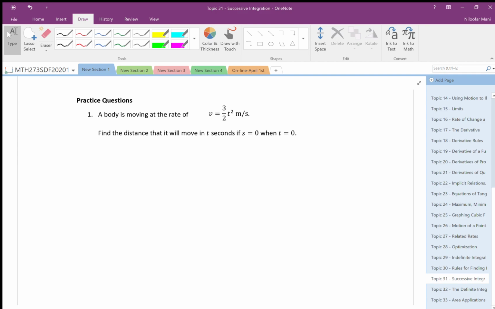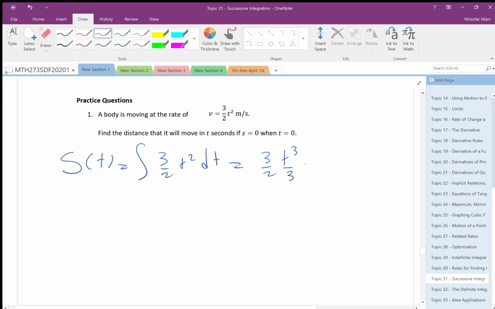Okay, so I have to find s t. s t is the integral of 3 over 2 t squared dt, which is 3 over 2 t cubed divided by 3 plus s0. Okay, but it says s0 is 0. So it is 3 over 2 t cubed divided by 3. Then I can cancel this and say, okay, this divided by 2.